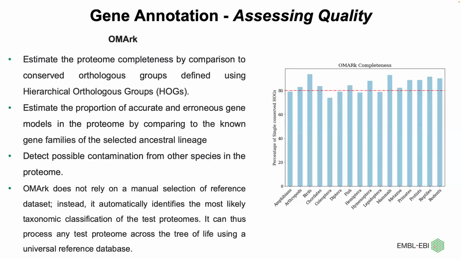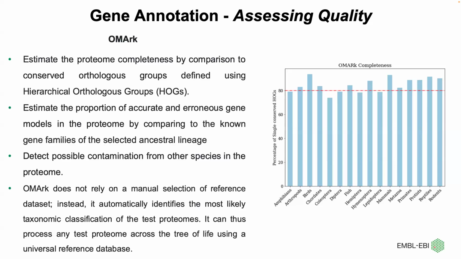OMARK assesses the accuracy of the proteome, and it filters out error gene models in the proteome by comparing it to the gene families of the selected ancestral lineage. It also detects possible contamination, whether your protein set has proteins coming from, say, a very different clade, bacteria, or some other contamination.